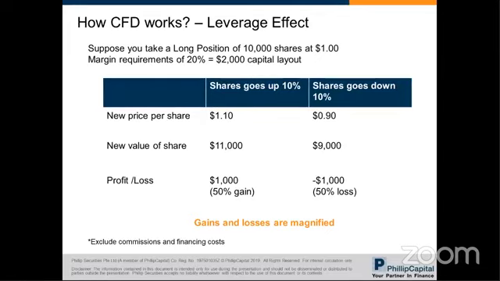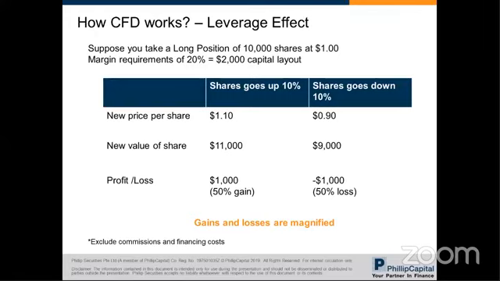So in this example, assuming you take an exposure of $10,000, if the share price grows by 10%, from $1 to $1.10, your position increases from $10,000 to $11,000. You make a profit of $1,000. But take note that you are only putting in $2,000 and you make $1,000 out of it, meaning you have gained 50% based on your capital outlay.